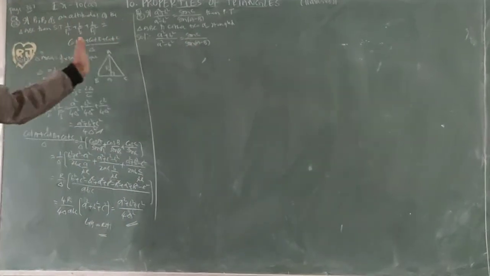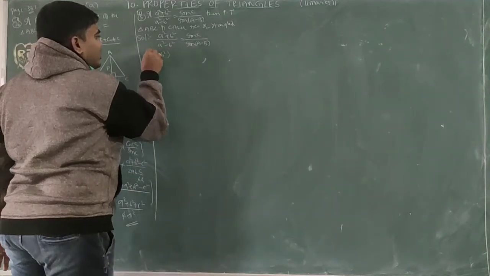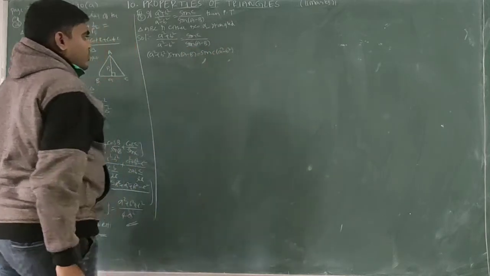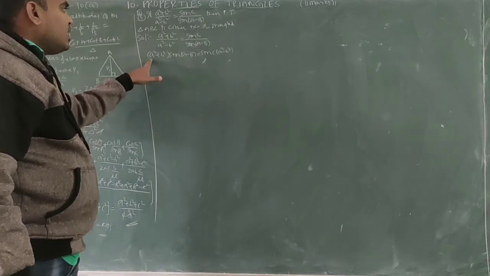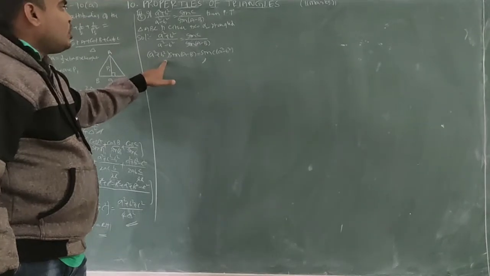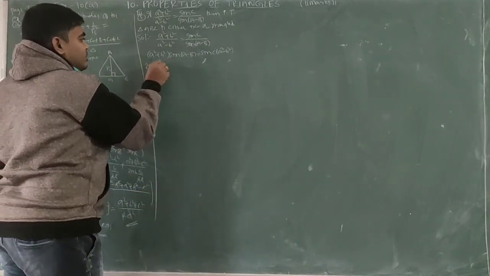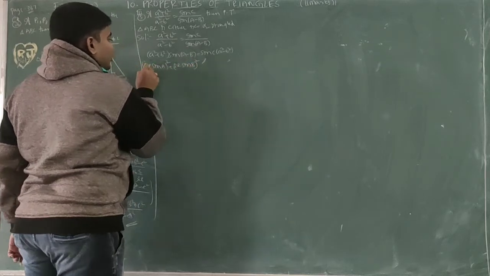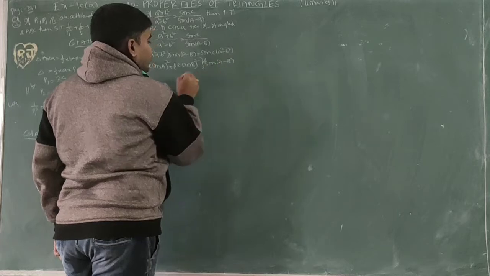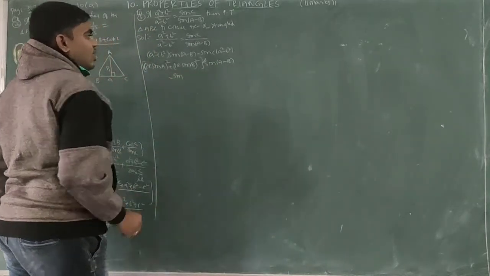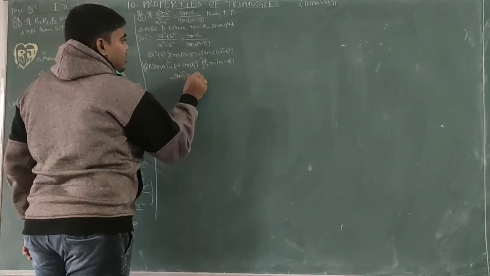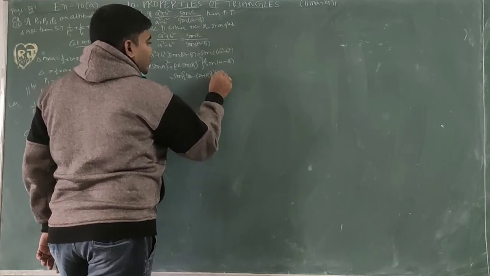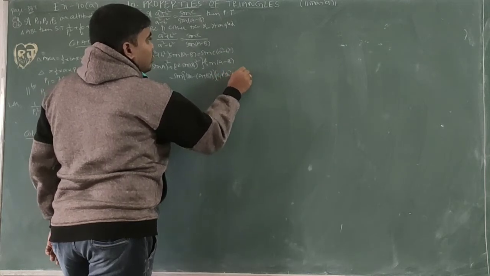Cross multiplication: (a square plus b square) sin of (A minus B) equals sin C into (a square minus b square). a equals 2R sin A, b equals 2R sin B. Substitute: (2R sin A) whole square plus (2R sin B) whole square into sin of (A minus B), which is equal to sin C, and I want to write this C as 180 minus (A plus B), into a square minus b square, so 4R square sin square A minus 4R square sin square B.